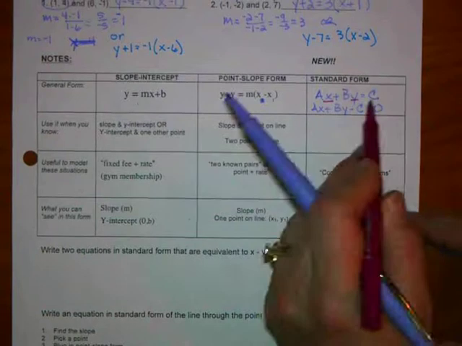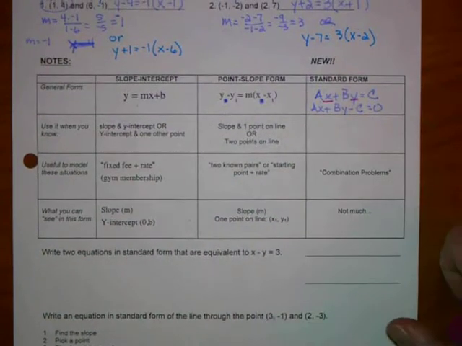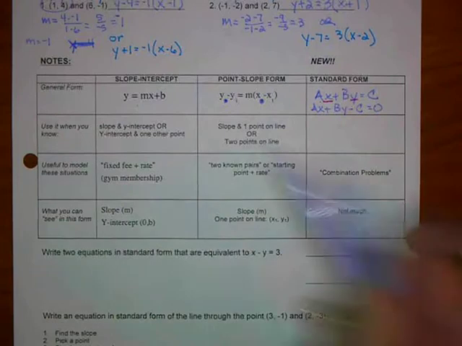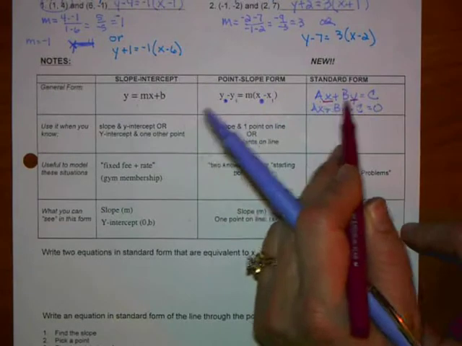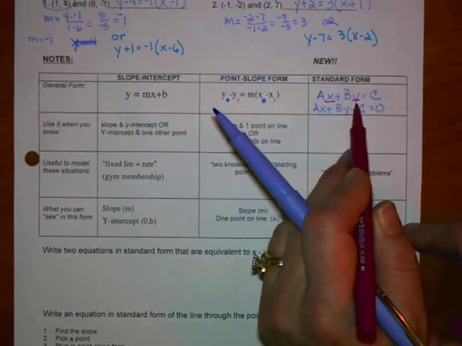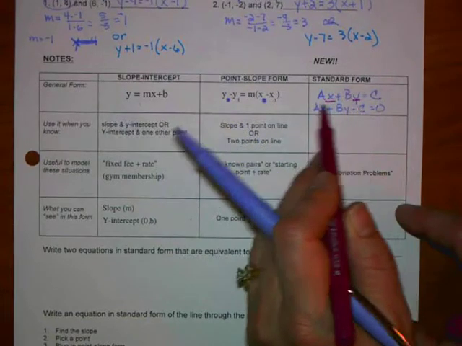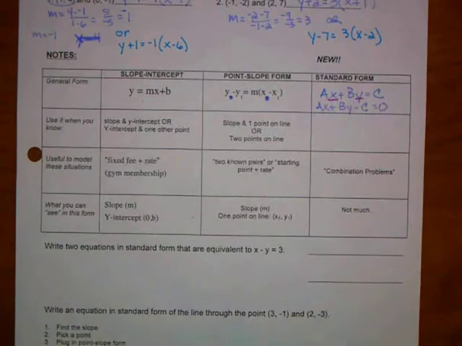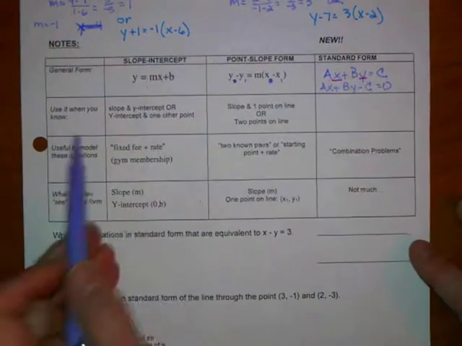A, B, and C are just going to be numbers in your equation, constants. But the most important thing to remember about standard form is that x and y are on the same side of the equal sign. And you can move any equation around to have x and y on the same side of the equal sign.